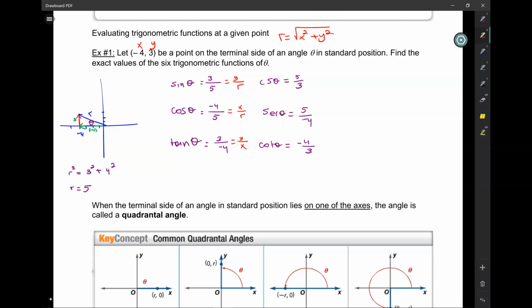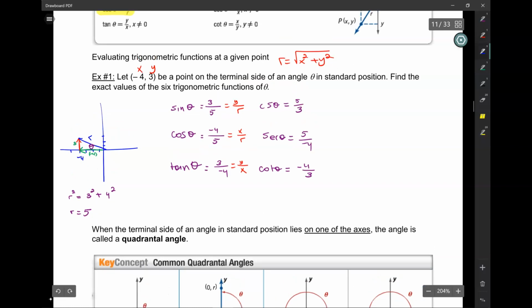Okay? All right. Let's pause for a minute and look at that relationship between sine, cosine, and tangent. In the first lesson, we said tangent of theta is also sine of theta over cosine of theta. You remember that?